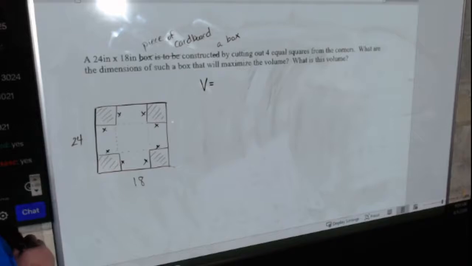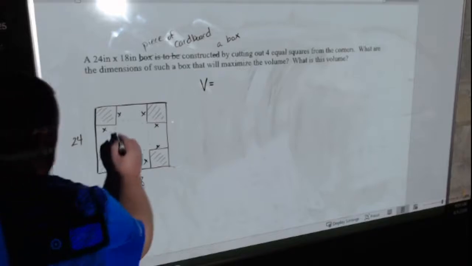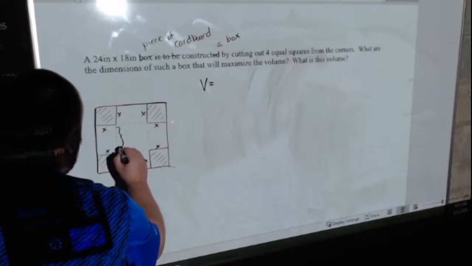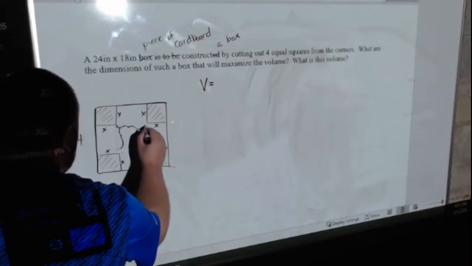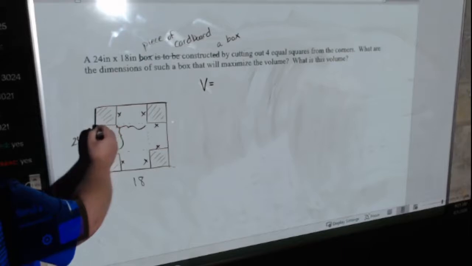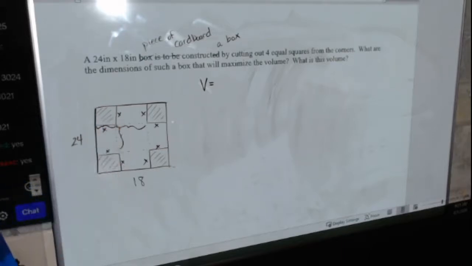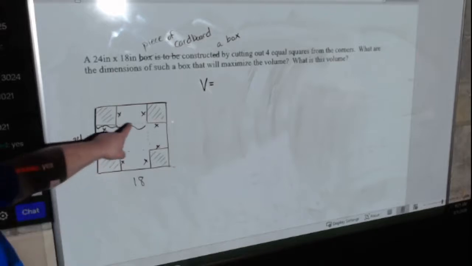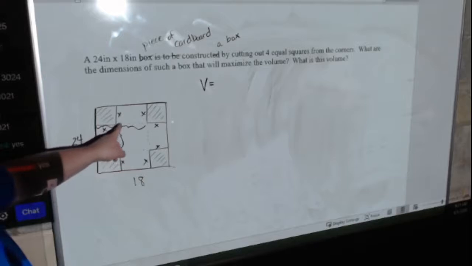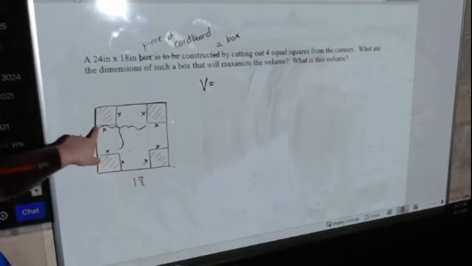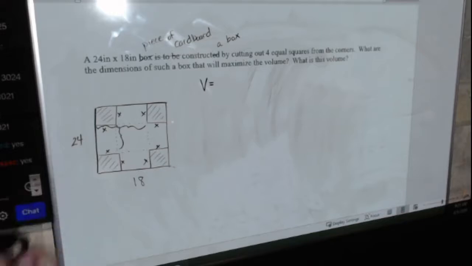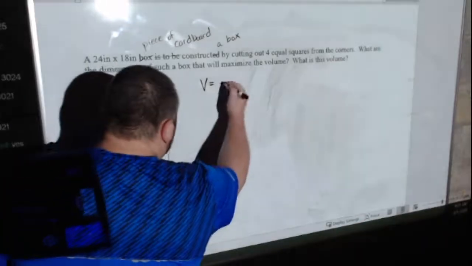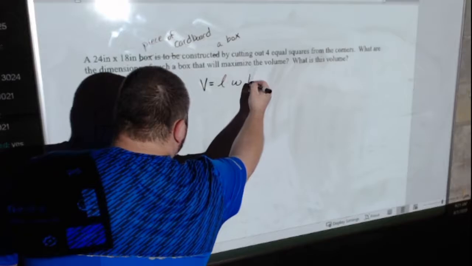So now to get the volume of the box, I need this length, and this length. All right, because this is the bottom of the box, so it would have length times width, and then this distance right here would end up being the height. So we know that the volume is length times width times height.